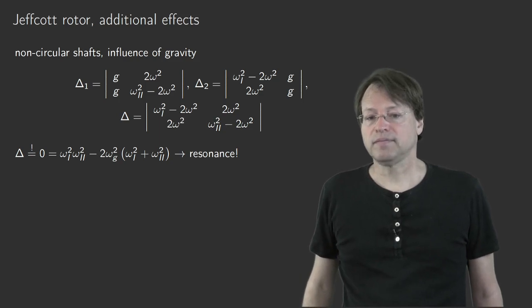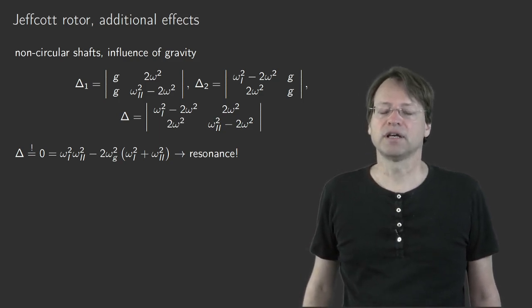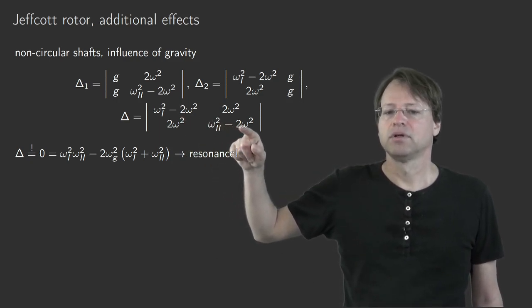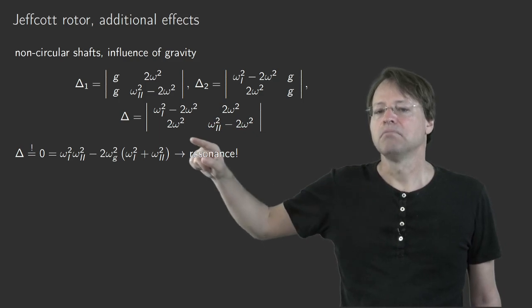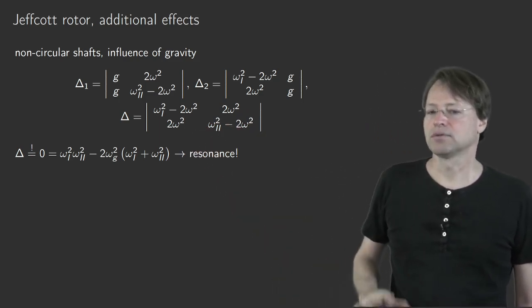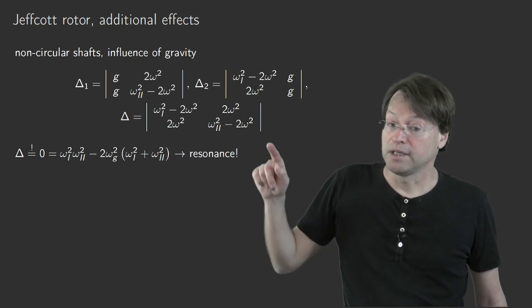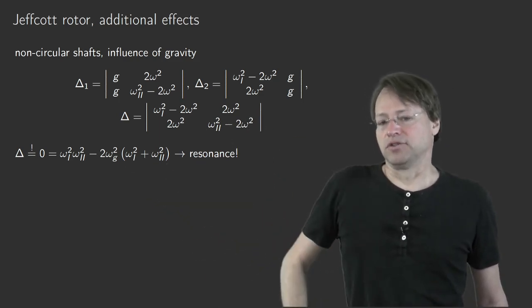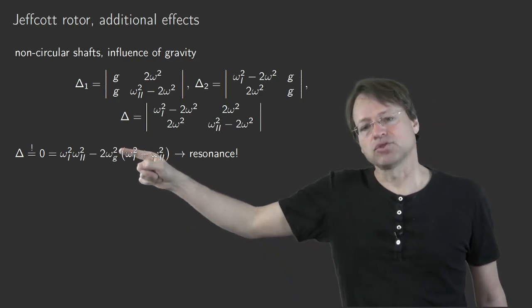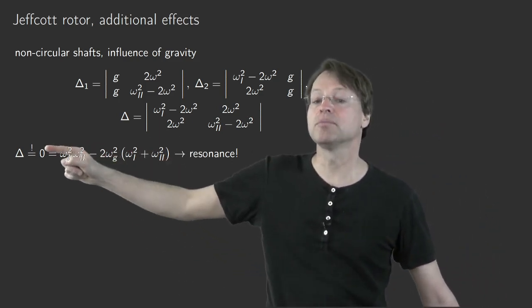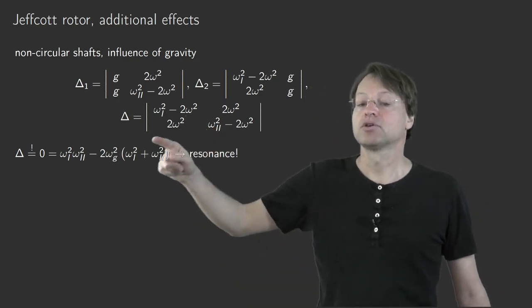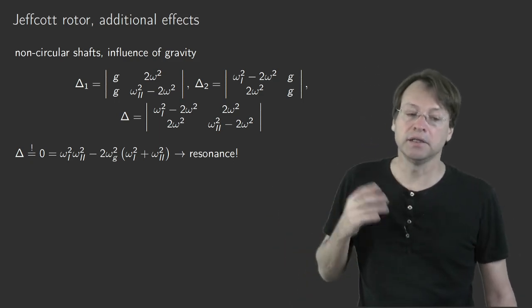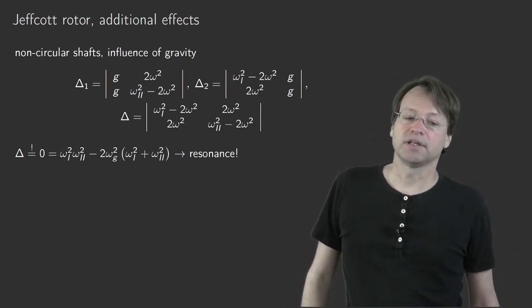And finally, we would have some terms in omega to the fourth power, which would be plus 4 omega to the fourth minus 4 omega to the fourth, so this term vanishes. Instead of writing omega, I wrote omega with an index g here, and that's the quantity we have to solve for, because I set the determinant to 0. That solution omega g would be a candidate for resonance, a candidate for a critical rotational speed.